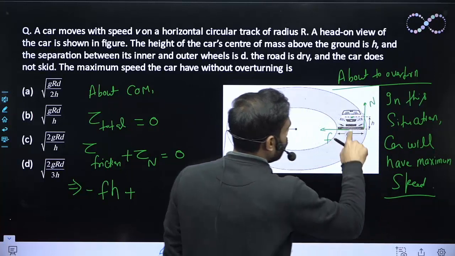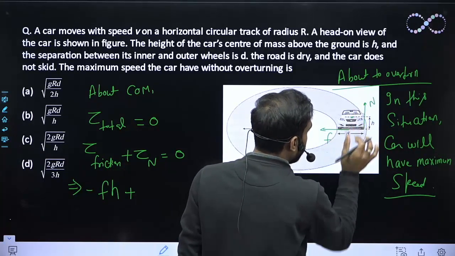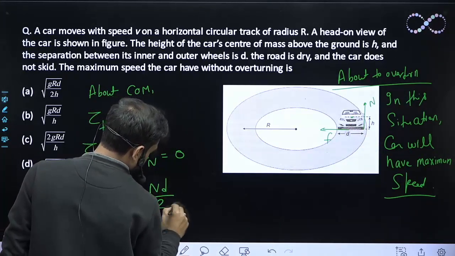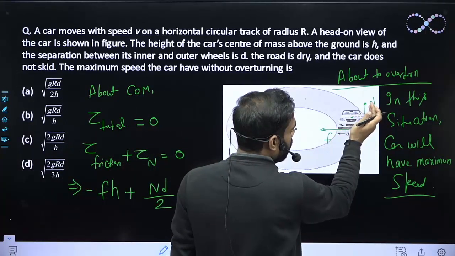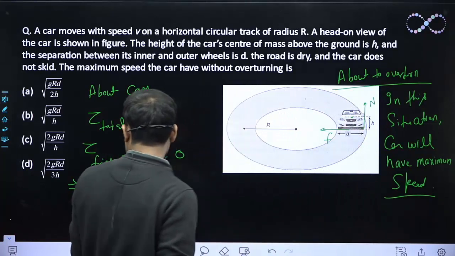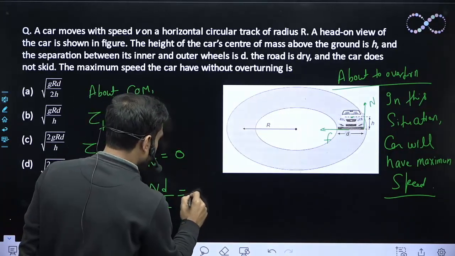The distance of the normal from the center of mass is d by 2, so the torque is N d by 2. The normal gives torque in the anti-clockwise direction, so it is positive, and the sum can become 0.